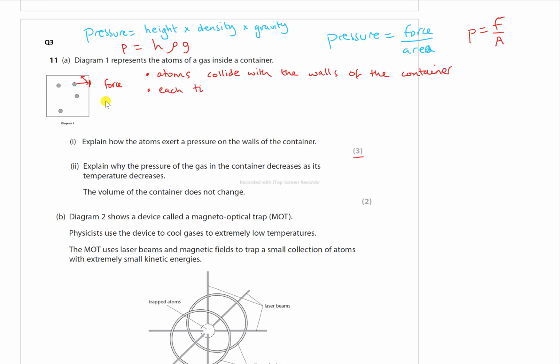Each time an atom hits the wall, it exerts a force.